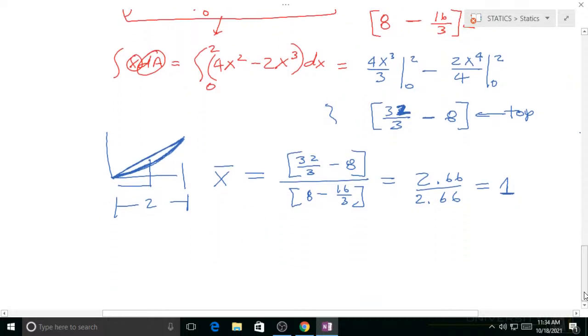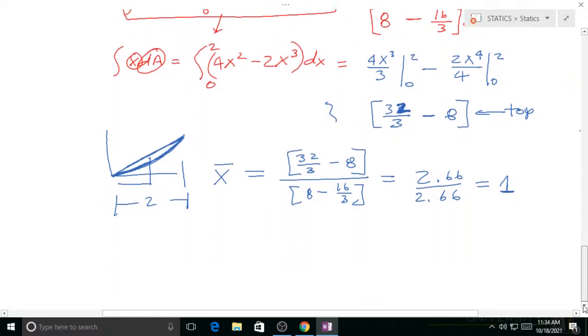The other thing that could be done, okay, I'm not sure I have the energy to do this, but let's say you had this again, and you wanted to find the y bar. Then what you've got to do is set up your little slivers this way.